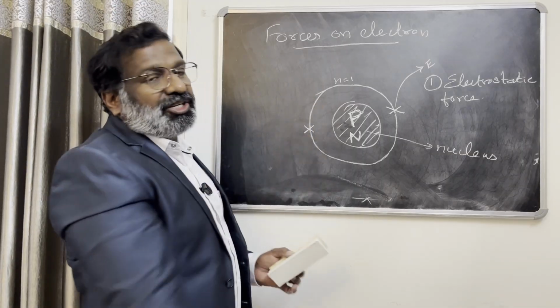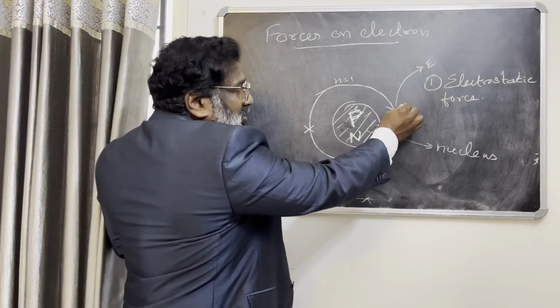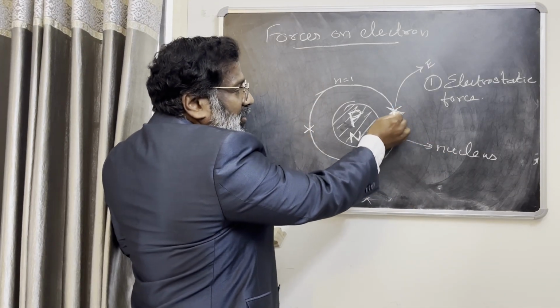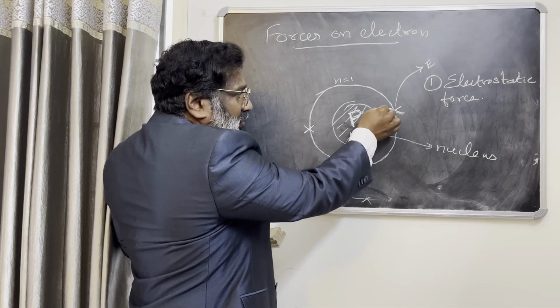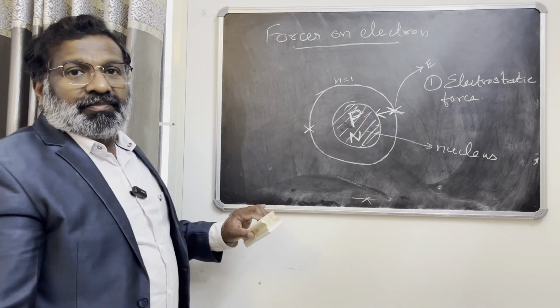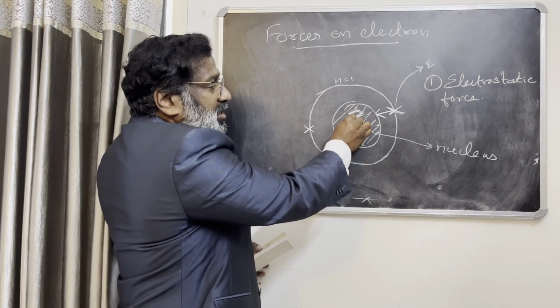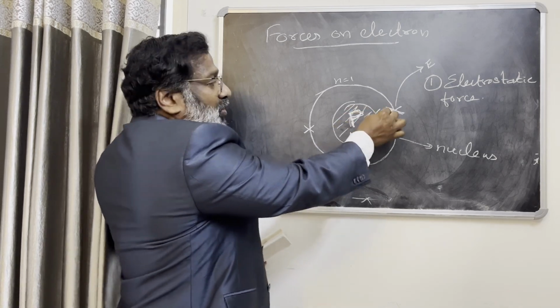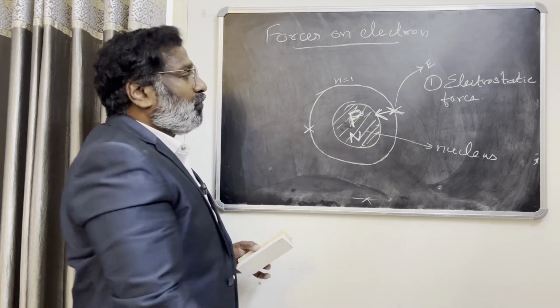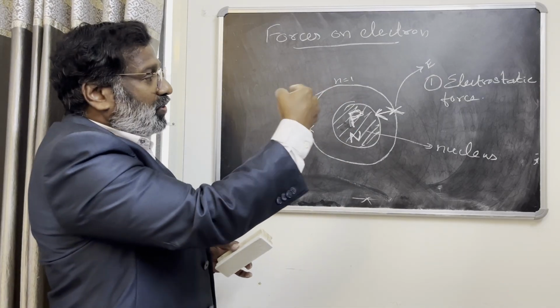So what is the direction of the force? These electrons are attracted towards the nucleus. So the force is an inward force, because the positive charges are in the nucleus and attract the electrons. This electrostatic force acts inwards towards the nucleus.